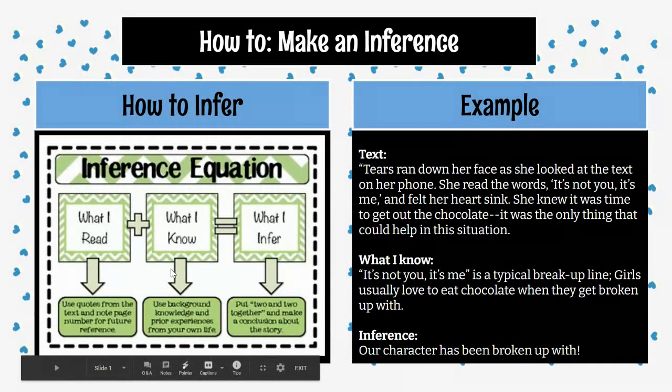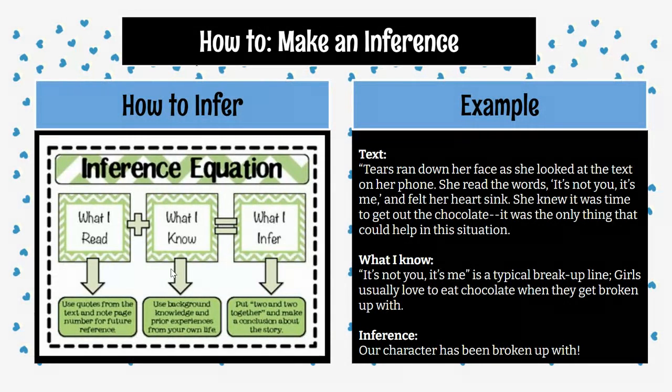Okay, so this is where your smarts come in, your life experience, what you know about living life, and you combine that with what's going on in the text. So from there, you make a guess about what is going on in that text using what's there and what you know about life.